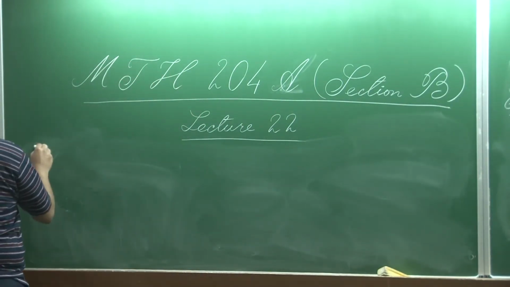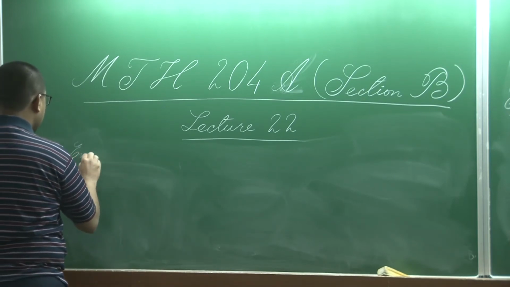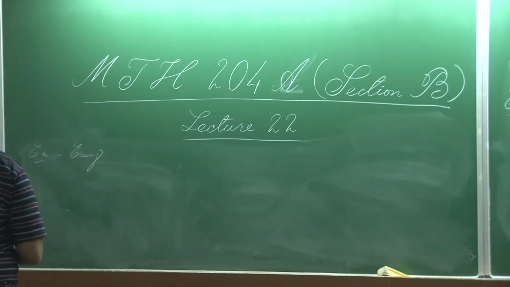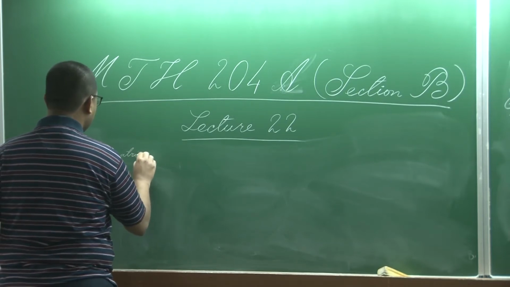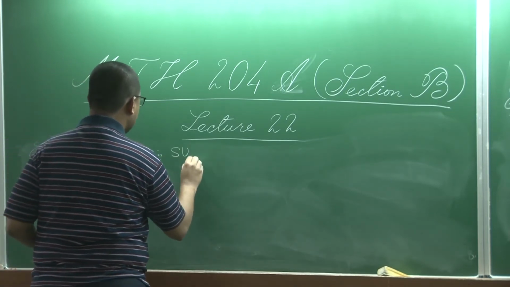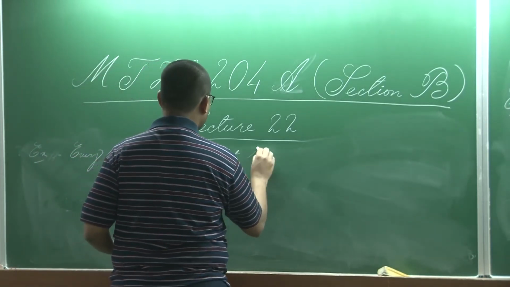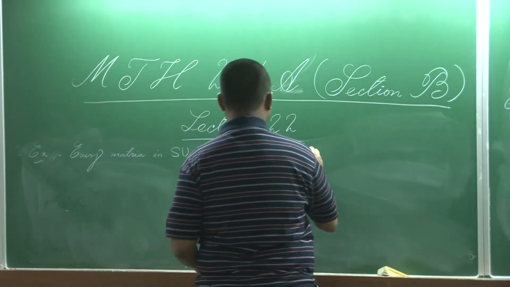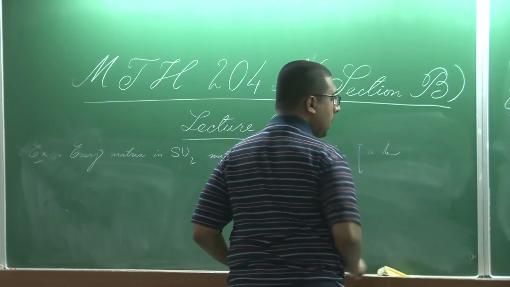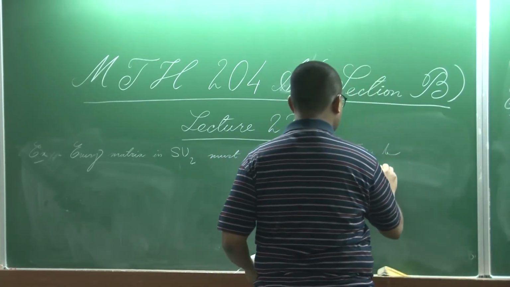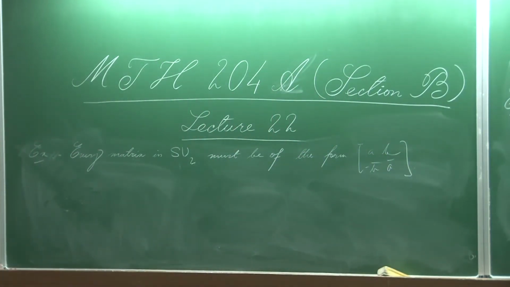So let me first leave this as an exercise to you, a very routine thing: every matrix in SU2 must be of the form (a, b; minus b conjugate, a conjugate). That's a routine verification. Okay, you can do it.